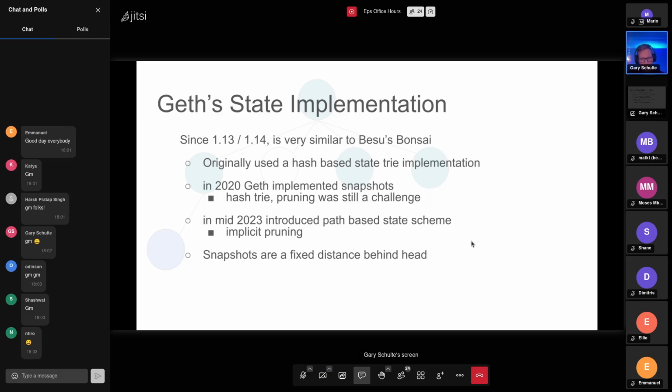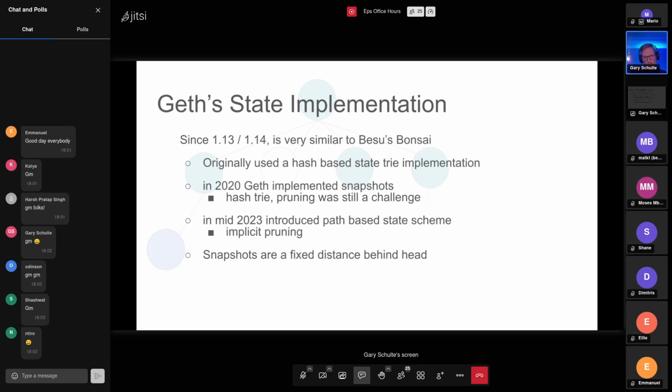Geth, when it started, like probably all clients, originally had a hash-based state tree implementation, just like Forest in Besu, and had all the same problems that Besu had with Forest. In 2020, Geth implemented snapshots. Snapshots are effectively a flat database of all of the different block changes. This is a single state tree that's kept on disk, similar to Besu's Bonsai.